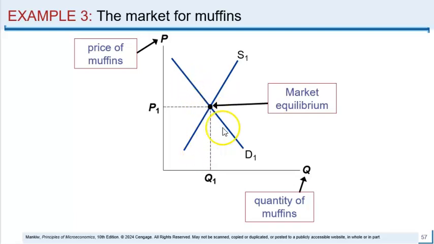Supply is intersecting demand, and buyers and sellers have already agreed upon the price at which they will exchange the market good. So buyers are going to buy Q1 quantity from sellers at price P1, and the sellers will sell Q1 quantity of muffins to buyers at the price of P1.